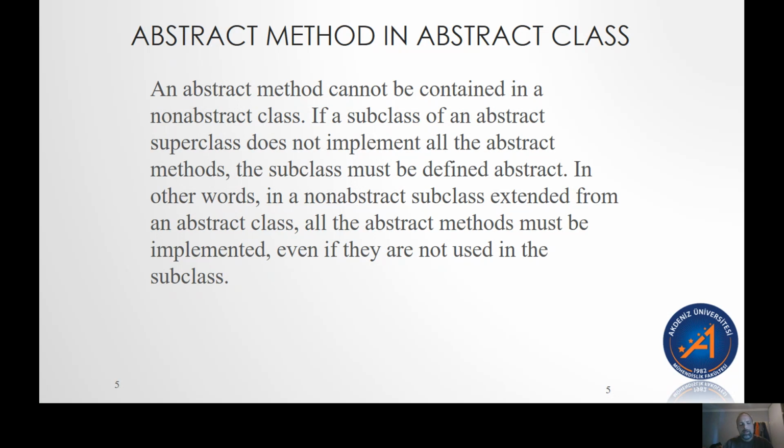Because remember, one of the things we talked about before was that when a class inherits from a parent, uses that extends keyword, all the methods of the parent get, in a sense, copied to the child, right? Well, if an abstract method gets copied to a child, it doesn't have a definition.